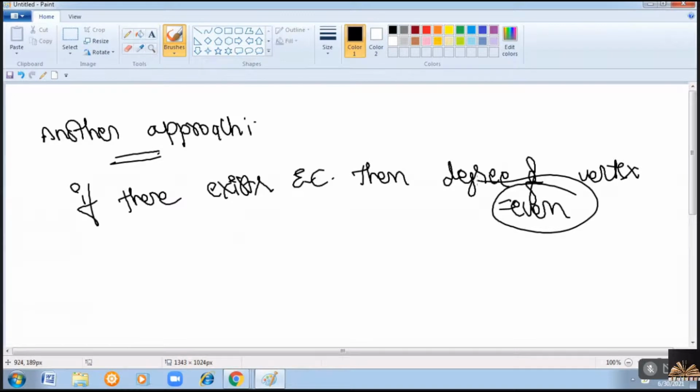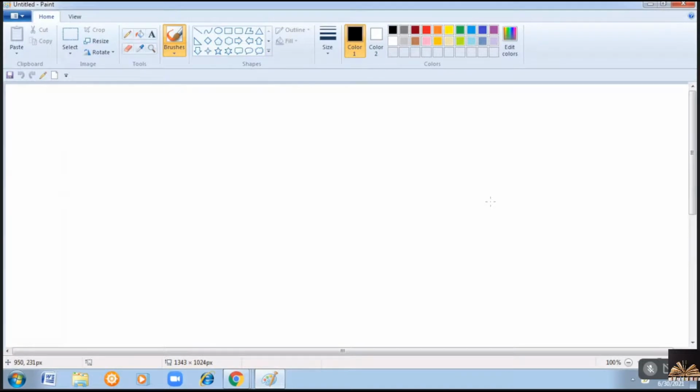So we will check the degree of all the vertices first. If all the vertices have an even degree, then you can simply say that it is an Euler graph. No need to check all the possible combinations for an Euler circuit. Clear? You just need to find the degree of each vertex. If it is an even number, then it is an Euler graph.